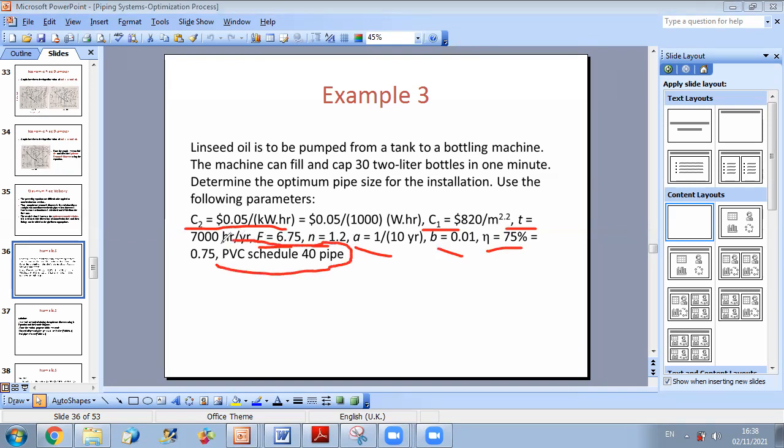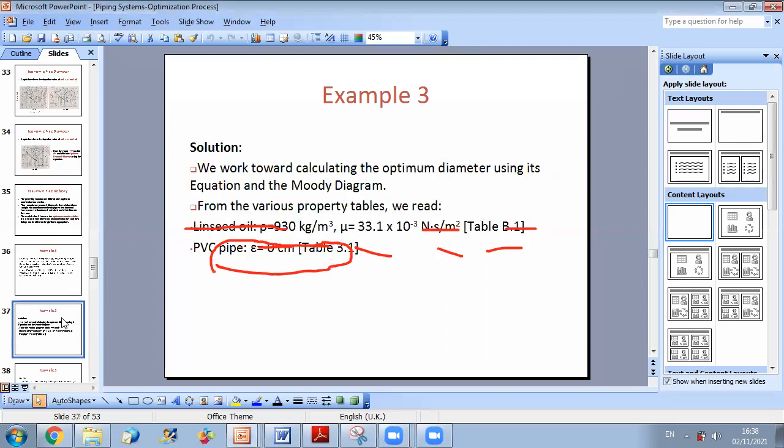It's PVC schedule 45. So what we can do here is first say that we want to find the optimal diameter. To do this, we need to use the corresponding equation developed in the optimization process and the Moody diagram.